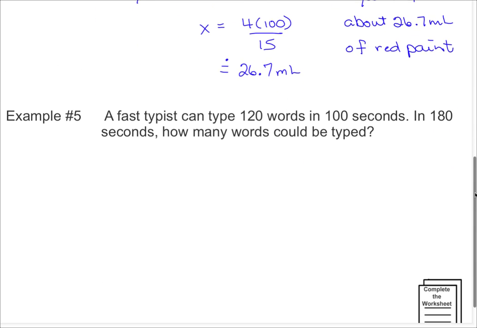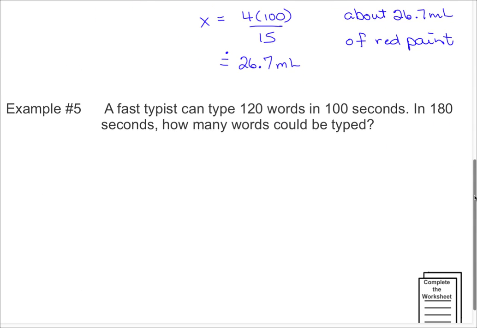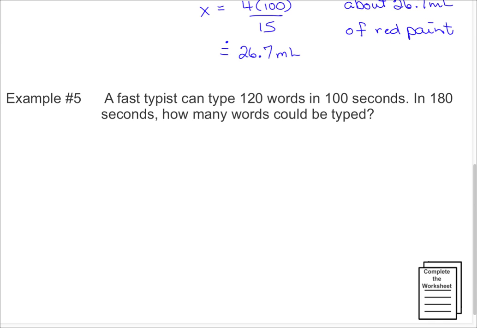Now, our last example before you go on to your worksheet, it says a fast typist can type 120 words in 100 seconds. So that's 120 words in 100 seconds. In 180 seconds, how many words could be typed? Where's 180 go? Let's look at it very closely. 180 seconds.